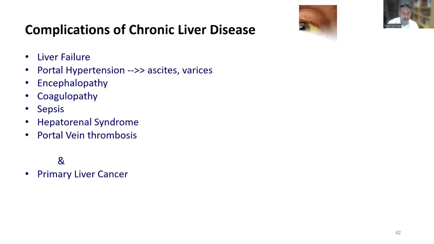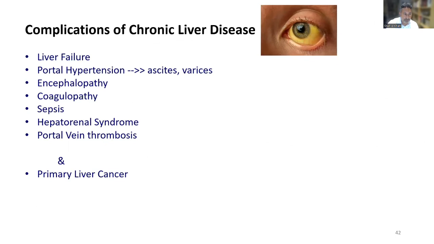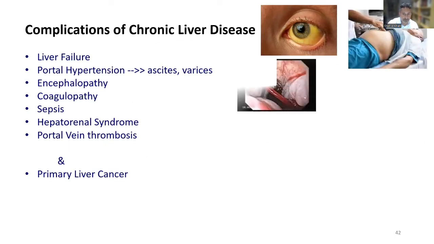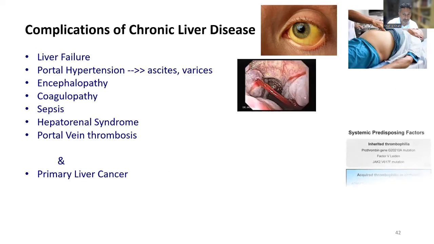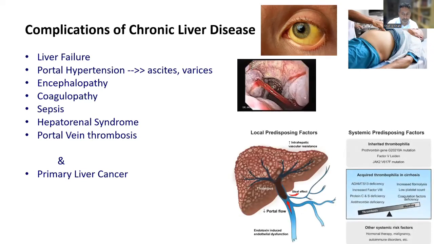Its complications include liver failure, portal hypertension, resulting in ascites and varices, and these are all potentially fatal diseases, encephalopathy, which is severely disabling and potentially fatal, coagulopathy, portal vein thrombosis, higher risk of sepsis, risk of hepatorenal syndrome, and if that wasn't enough, primary liver cancer.